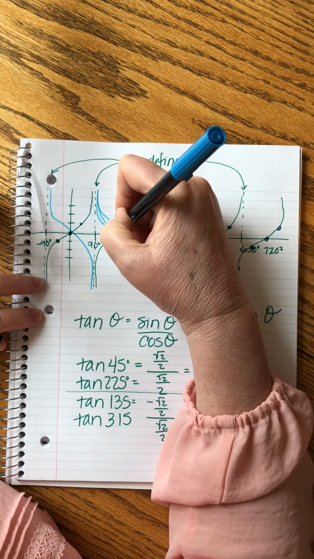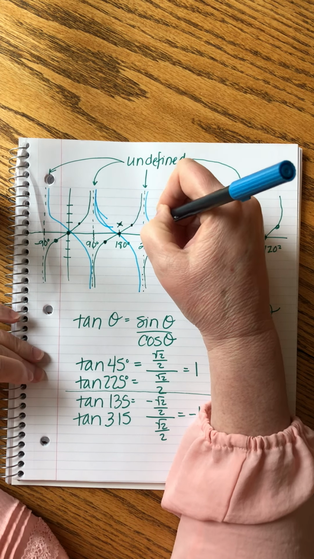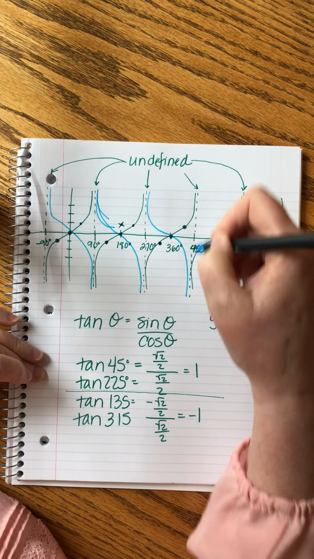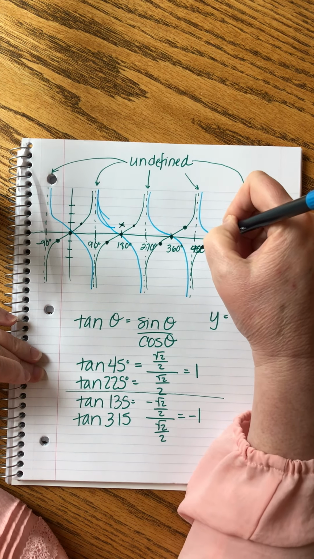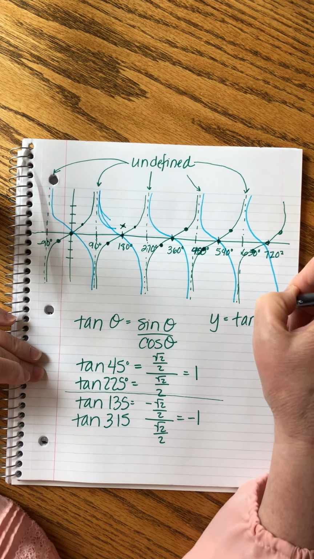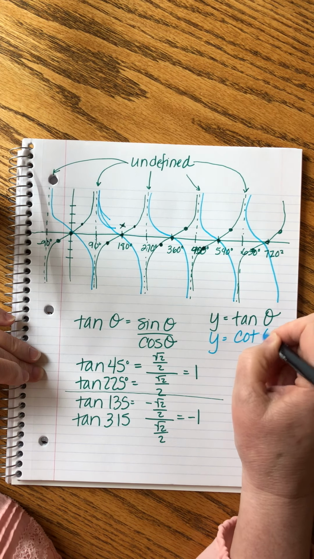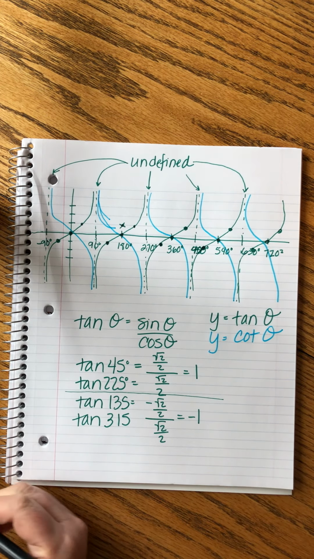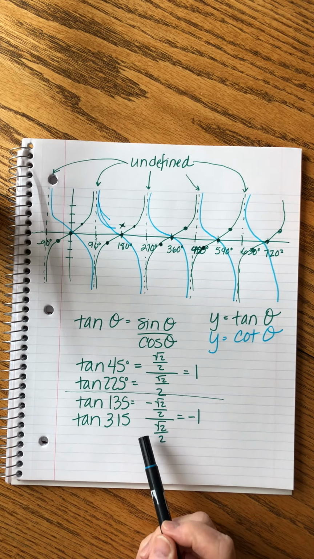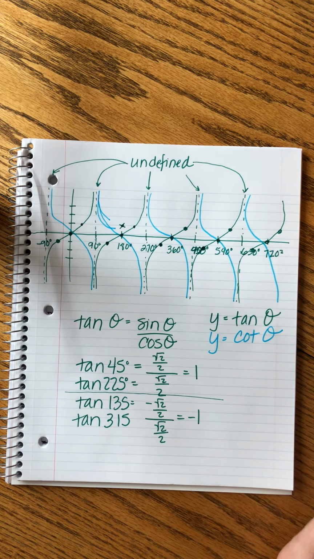Oh no, it does go down. As the reciprocal function, it's just the reverse. And this is y equals the cotangent of theta, okay? Again, reciprocal functions pair really nicely in these graphs. We can use one to draw the other.